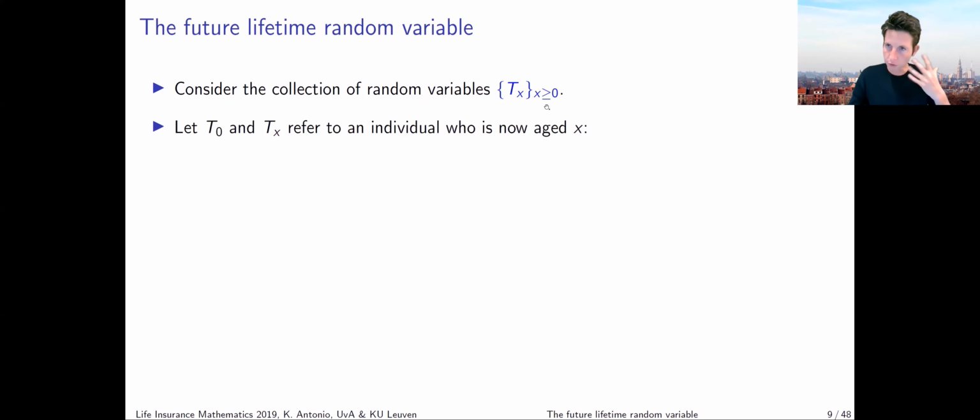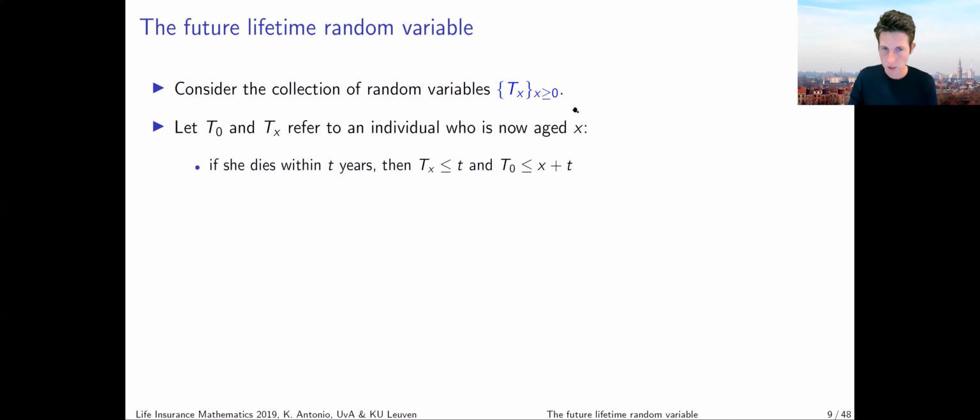This may feel a little bit awkward, but you will see that we can do this in an elegant way using conditional probability. So let us refer to T_0 and to T_x. T_x is referring to an individual who is now aged x. So x years ago, this individual was 0 years old. If I want to express the probability that this individual will die within t years, I look at the probability that T_x is less than or equal to t.